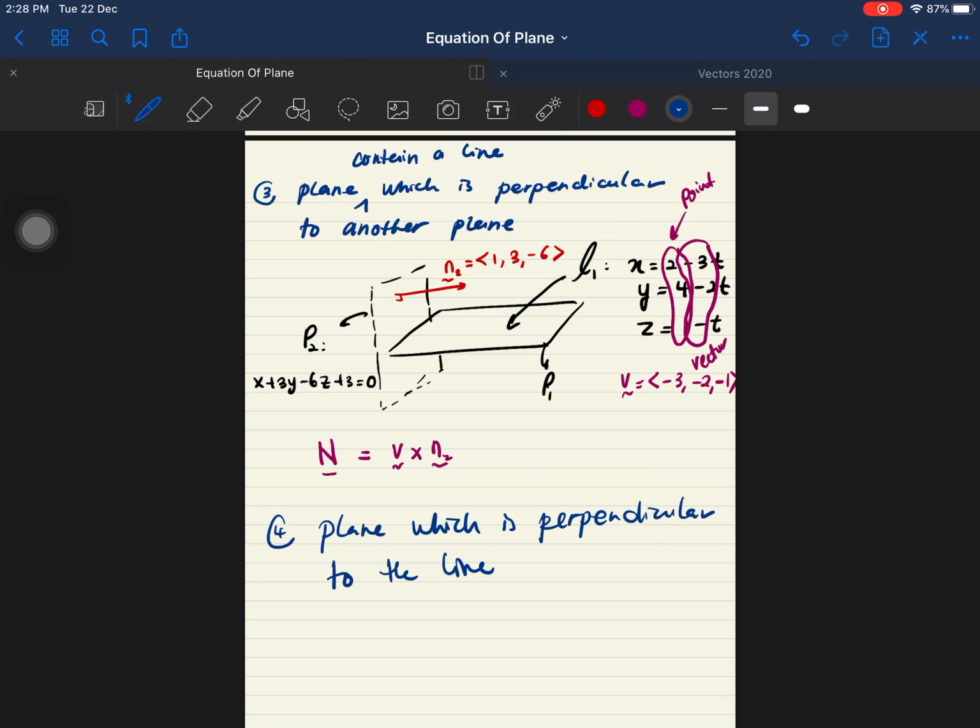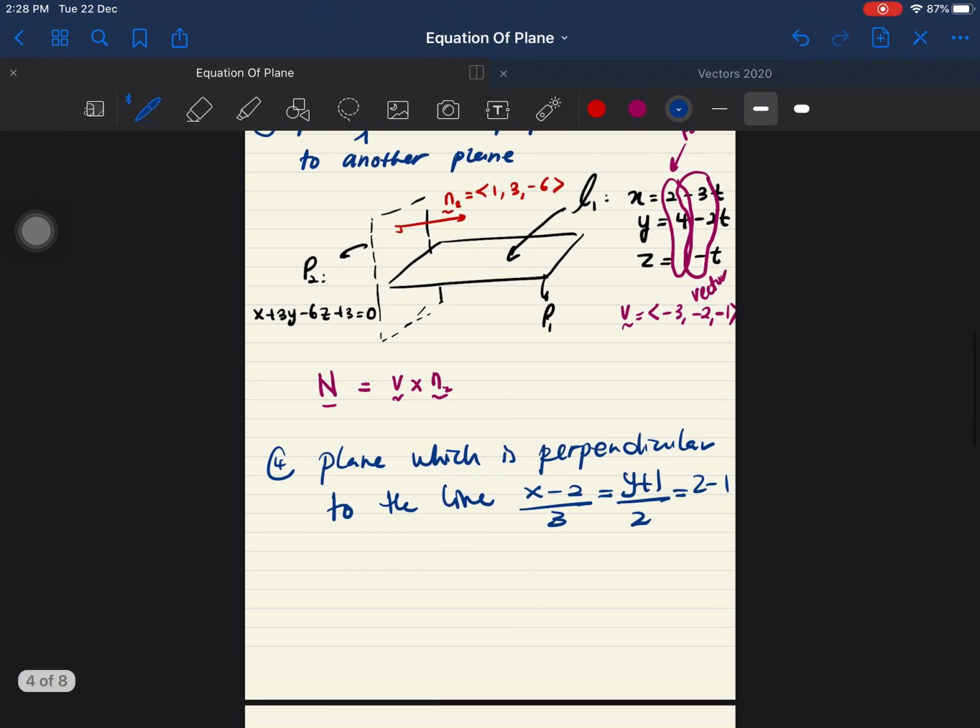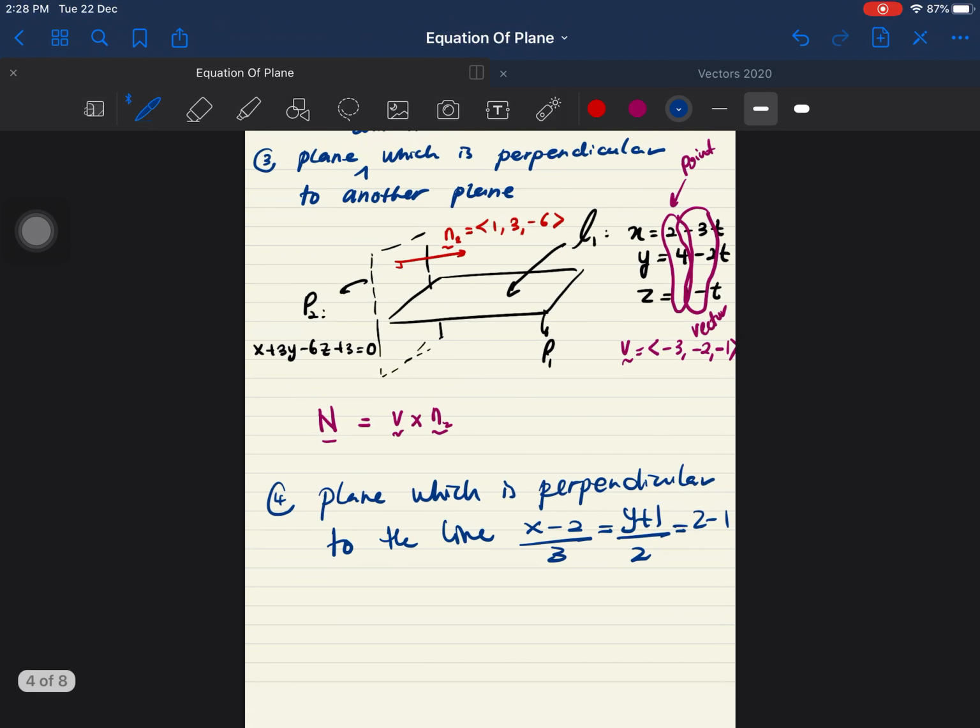the line, contoh. Okay, so you are given an equation of the line, contoh x tolak 2/3 y tambah 1/2 z tolak 1. Okay, so when you have plane, so contoh you ada plane ni. Okay, dia kata plane ni perpendicular to the line.